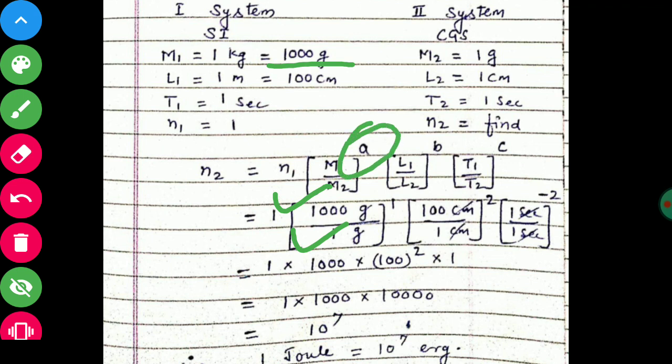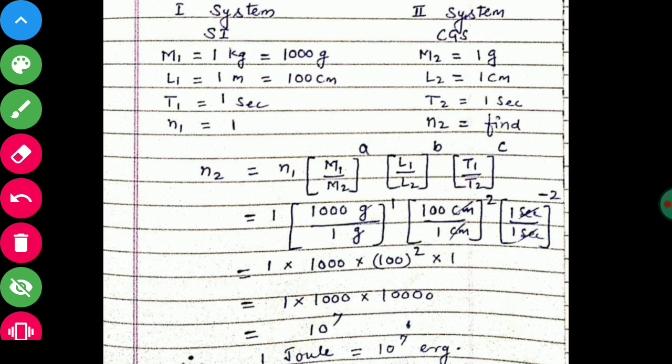The value of A is 1. Length in the first system is 100 centimeter, since 1 meter is equal to 100 centimeter, and L2 is 1 centimeter. The dimension B is 2. T1 is 1 second, T2 is 1 second, and the dimension C is minus 2.